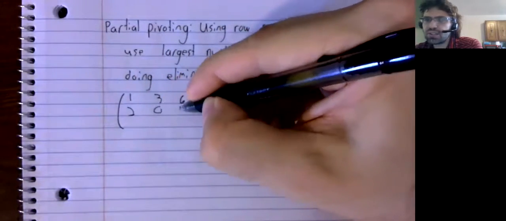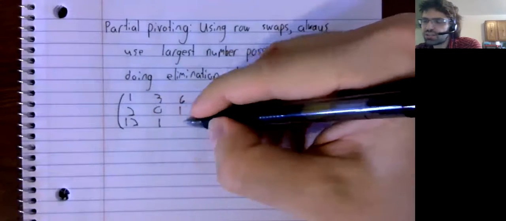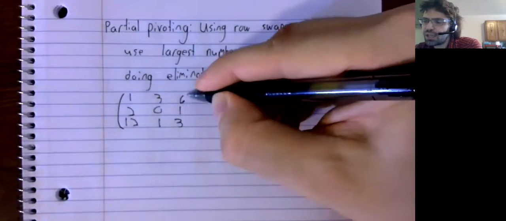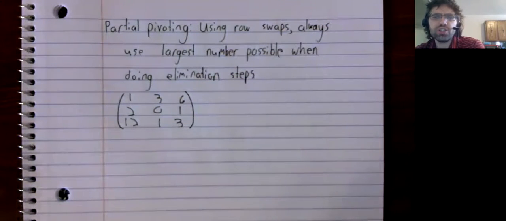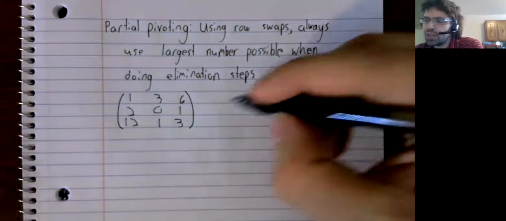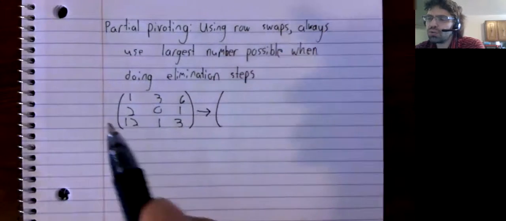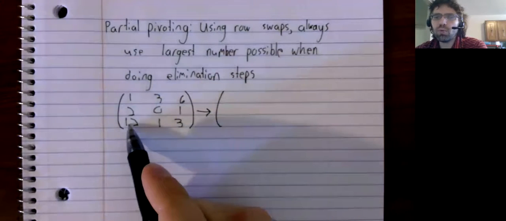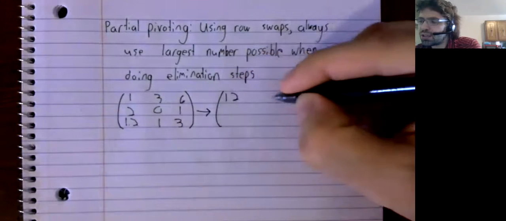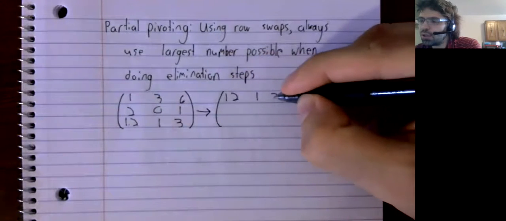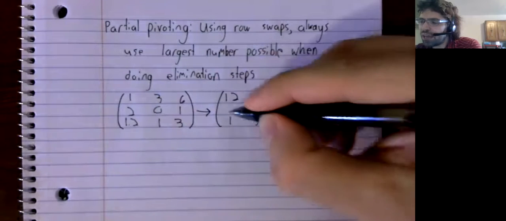So say we have this matrix and we want to do Gaussian elimination on it. We'd swap rows so that this 12, the largest number in this column, is in the upper left.